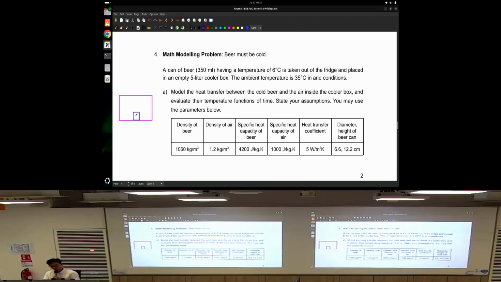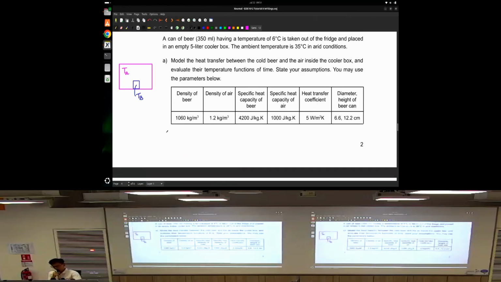So this is the beer, and initially the beer is going to be 6 degrees Celsius. Let's call it TB, T beer. Then the air inside is TA, let's call it just TA. I use a small b here.